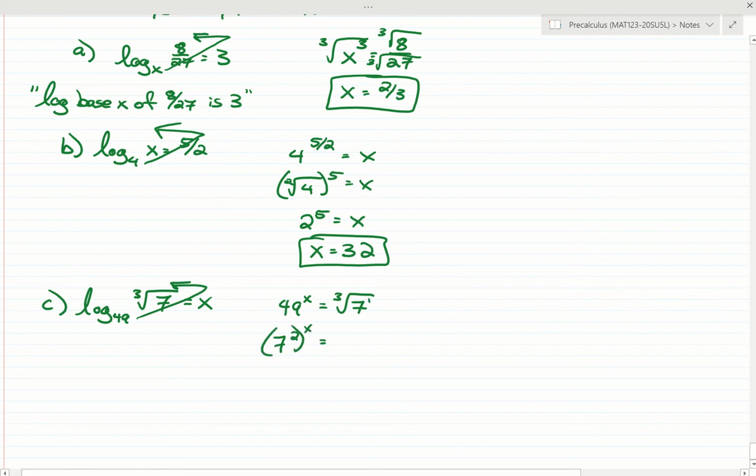And the cubed root of 7 to the first is really just 7 to the 1/3. So power to a power means we multiply. 7 to the 2x is equal to 7 to the 1/3. And we could set the exponents equal. 2x is equal to 1/3. And if we divide by 2 or multiply by 1/2, the reciprocal, we get x is equal to 1/6.